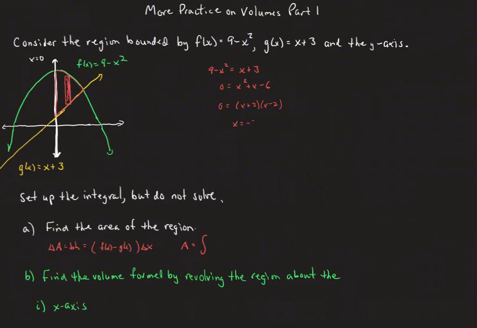That gives us negative 3 and positive 2. So the points of intersection are at negative 3 and positive 2, but we're going to use the y-axis as one boundary, so we're just going to use the 2. Our limits go from 0 to 2, and it would be f of x minus g of x dx. So there's our area of that region.